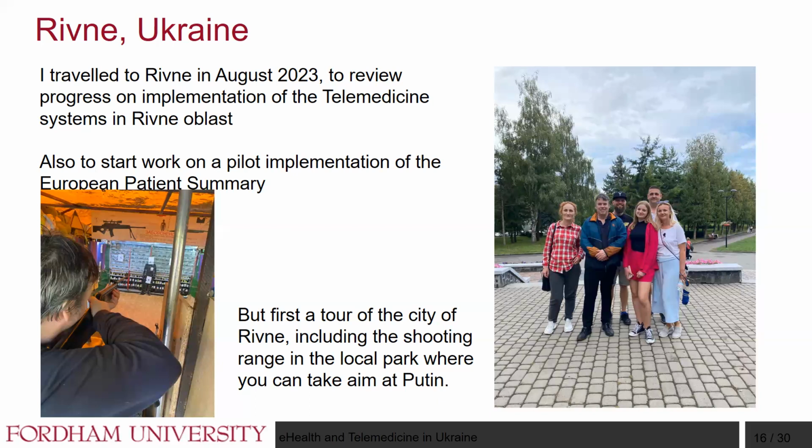I arrived on a Sunday morning, and Rivne is pretty much untouched by the war, or so it seems when you arrive. So city functioning as normal. I'd visited there before. It's pretty much as I remembered it. People going about their everyday lives.